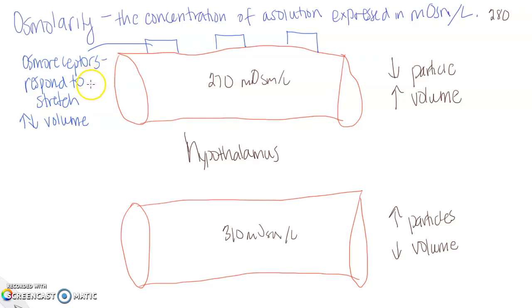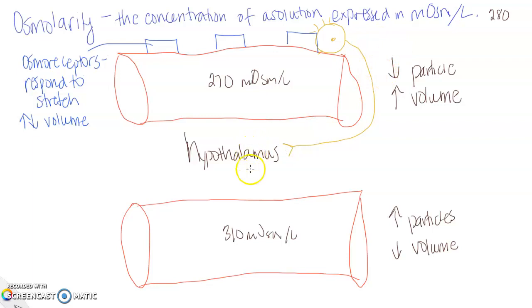Okay, so if the osmolarity is low, so it's 270 milliosmoles, we have these receptors and they are connected to some kind of nerve that goes back to the hypothalamus.